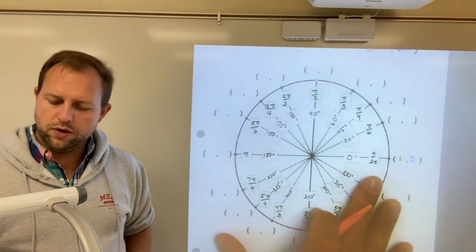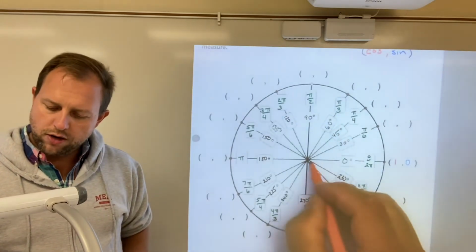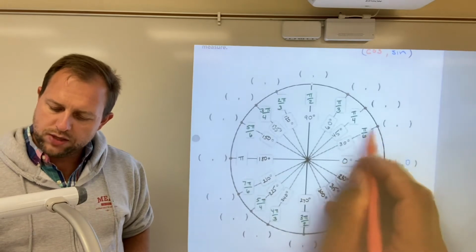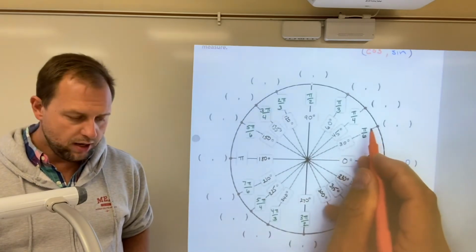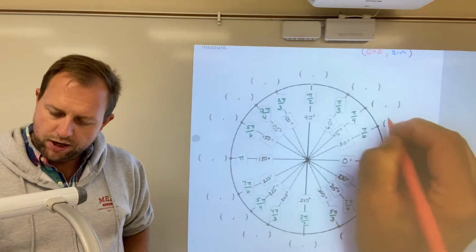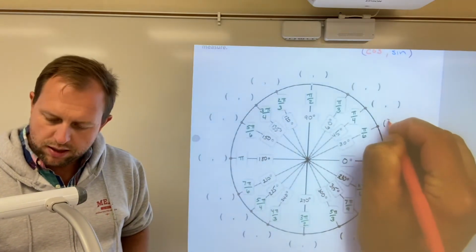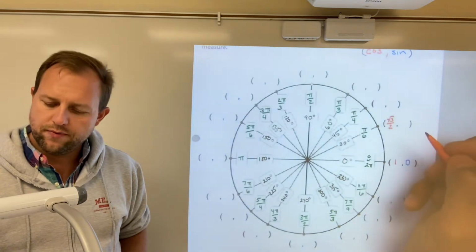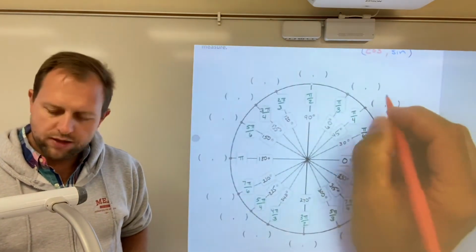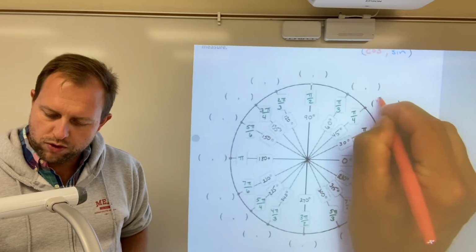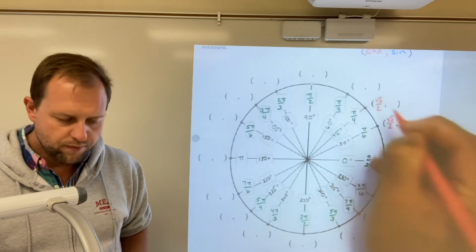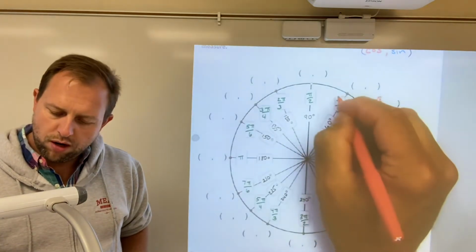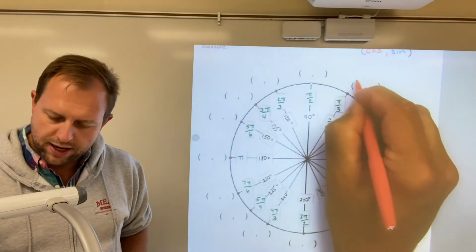As we go around the unit circle, for a 30-degree angle with a hypotenuse of 1, the value for cosine is root 3 over 2, one of those special triangle values. For the 45, the special value was root 2 over 2. For pi over 3, it's actually 1/2.